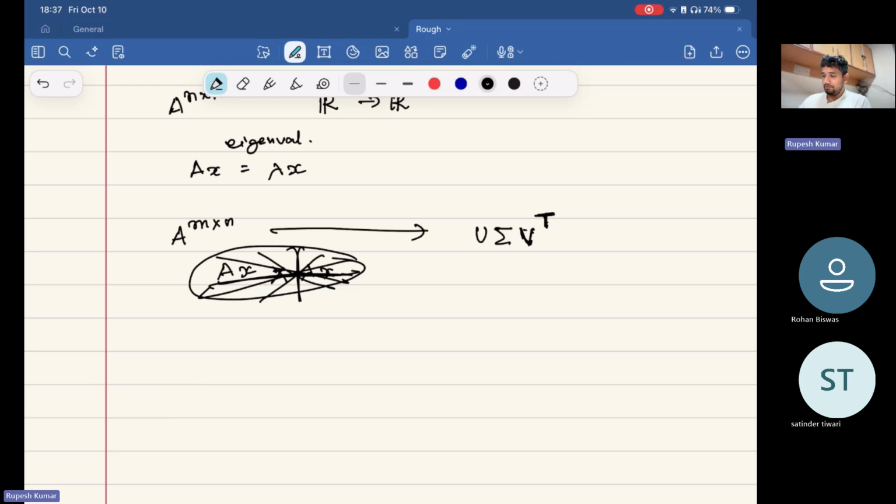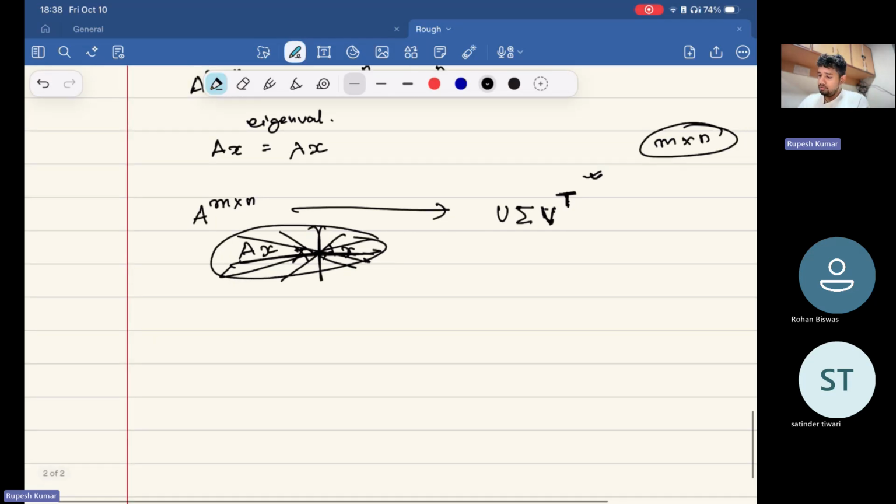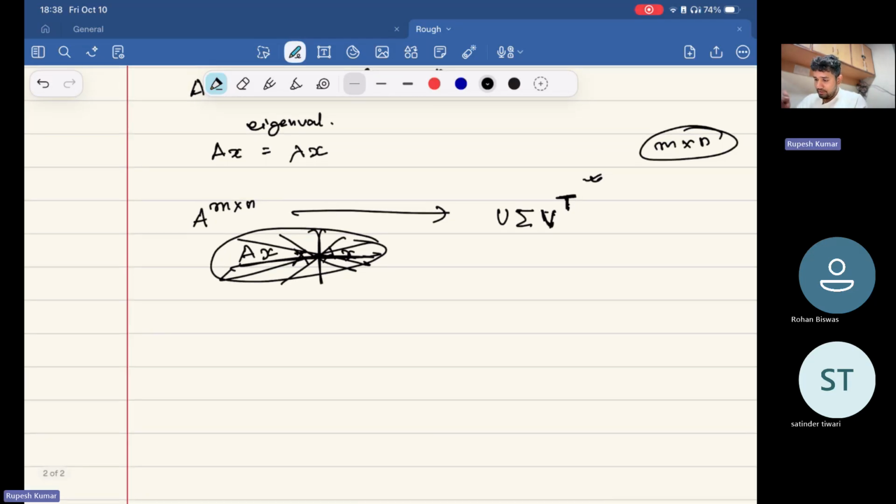And you can prove that this exists for all kinds of matrices, independent of the size m cross n. You will be able to write any matrix in this form. Now, what is it geometrically trying to do? It is not doing something that eigenvalue decomposition was doing. Let's say this is your input space and this is the output space.